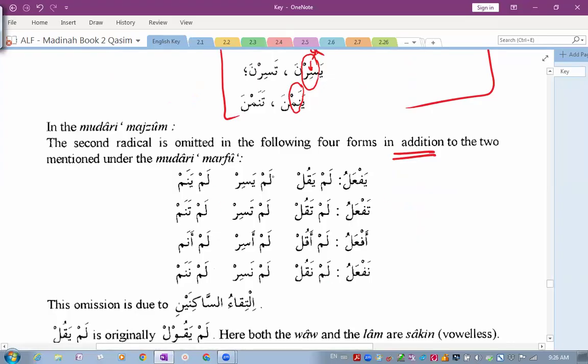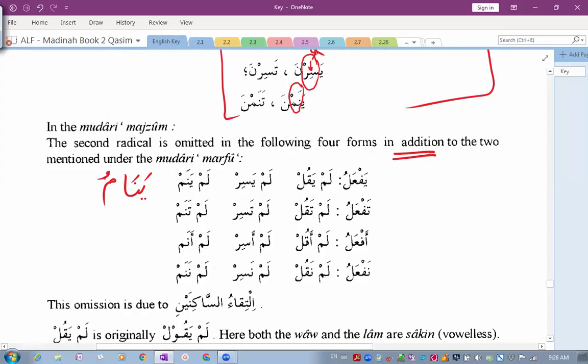So that is very easy, inshallah. Lam yanam, lam yasir. What happened to the waw in between, for example in yanam? Nama yanamu. Let's take yanamu for example.